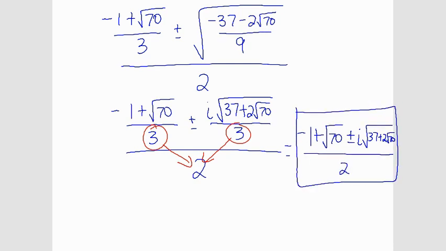Okay, so that would represent some solutions for this problem. Now, if we remember, this all started with the premise that we went with u is equal to negative 1 plus root 70 over 3.